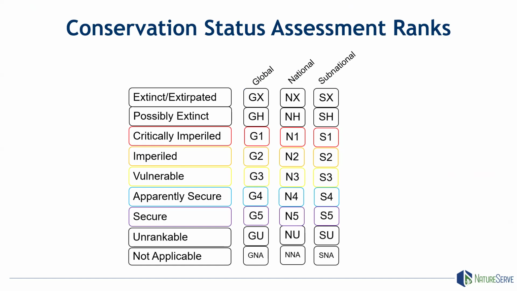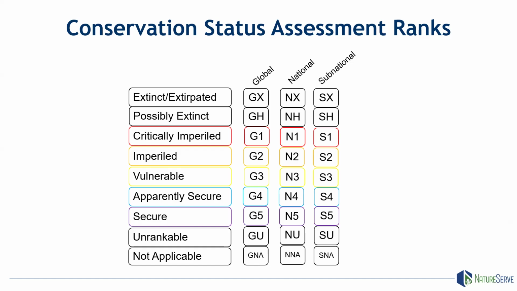In addition to the numerical scale of 1 to 5, there are additional ranks that describe other circumstances. An X indicates a species or ecosystem is extinct or regionally extirpated, and an H indicates possible extinction, meaning it is only known from historical occurrences.